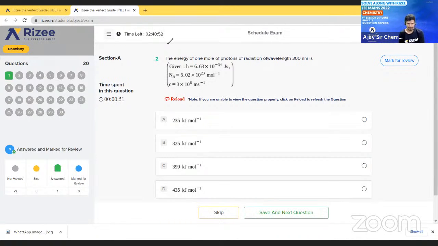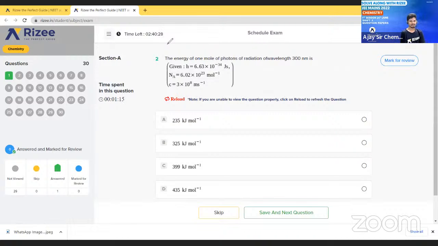I will give 1 minute of time. Try to solve this question. 30 seconds. You can solve very easily.